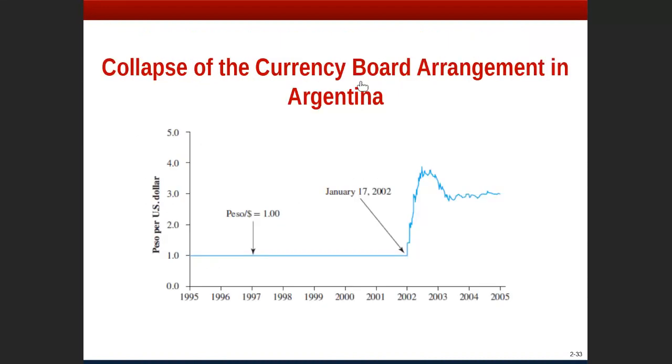You can see the collapse of the currency board arrangement in Argentina up until January 17, 2002. Again, 1 peso was set equal to $1. But then once that policy was changed in 2002, you can see how the dollar significantly appreciated against the Argentine peso.